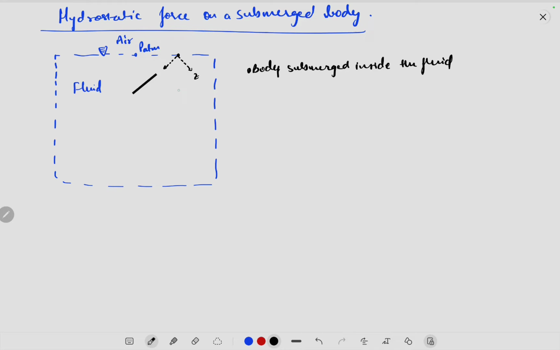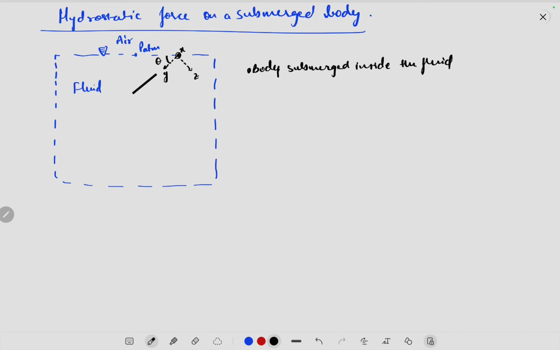This is z axis, this is y axis, this angle is theta, and since y cross z will be x, x is pointing out of the plane. We are looking at the edge view of the plate. The plate is actually not of a particular geometry, it can be of any arbitrary geometry. So let's say this is any arbitrary shape.